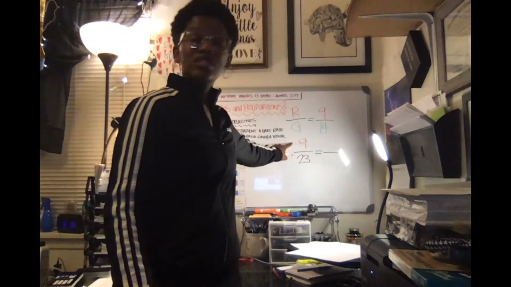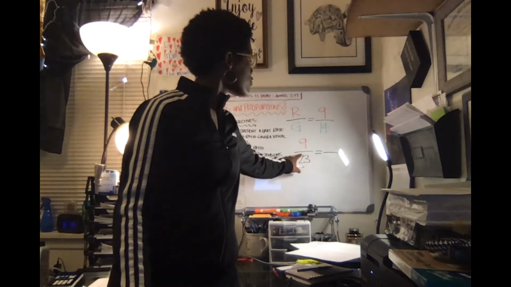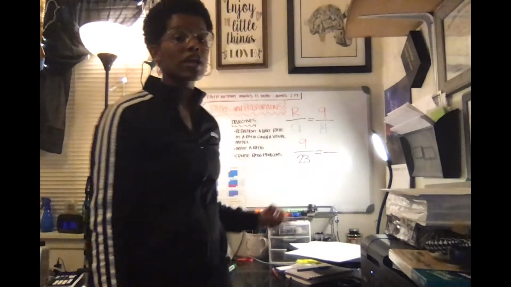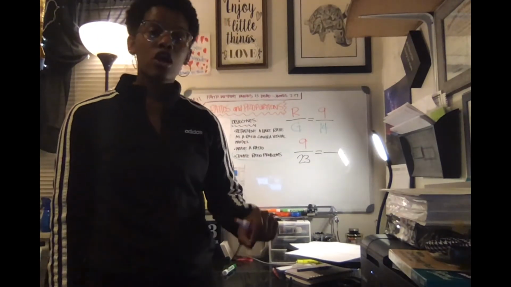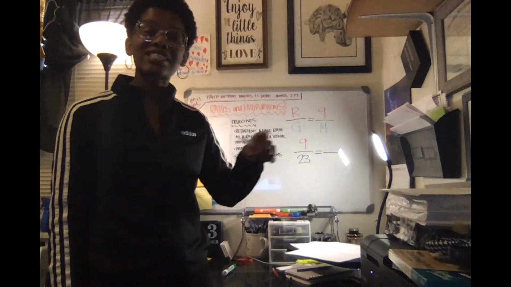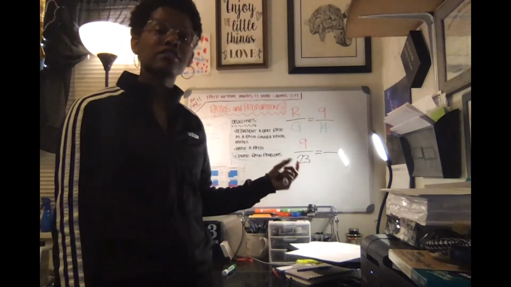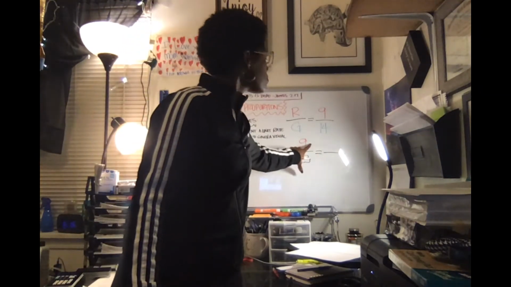We have red on top, and we have the total amount. For every 23, there are 9 red. We want to know how many red candies are in the whole package. So they tell us that 506 are in the whole package, and since we're using 506, we wouldn't put it up there with the red.